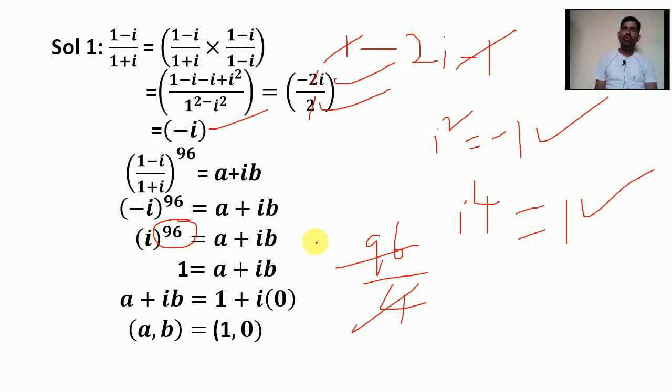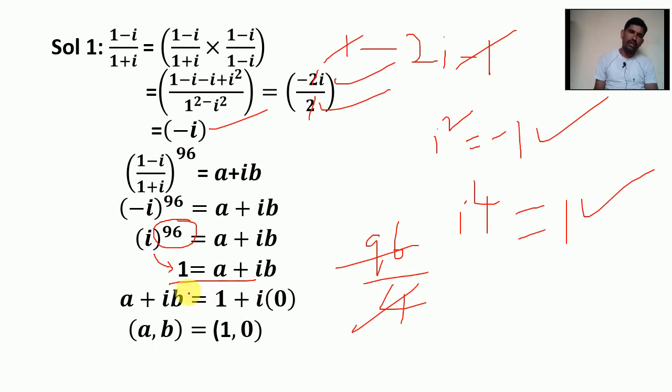Whatever power of iota is exactly divisible by 4, we can blindly write the result as 1. Iota power 8 is again 1, iota power 16 is 1, because 16 is divisible by 4. So now 1 is equal to a plus iota into b.